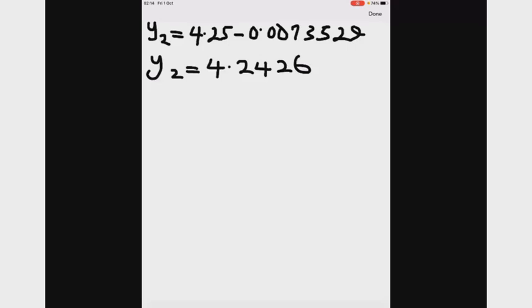Because as soon as you start getting the same value for y, no matter how much more you keep iterating, you will keep getting the same value. You can see that my y0, y1, y2 are different values because I'm yet to get the same value of y. I will keep iterating.